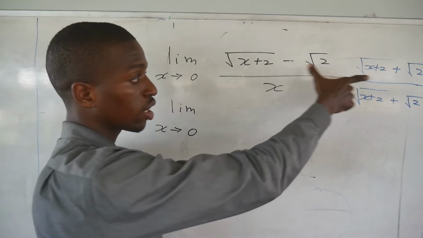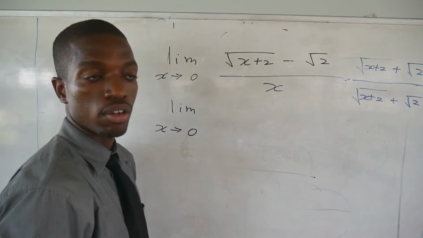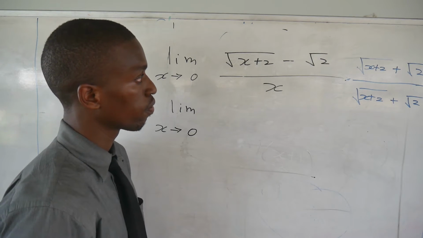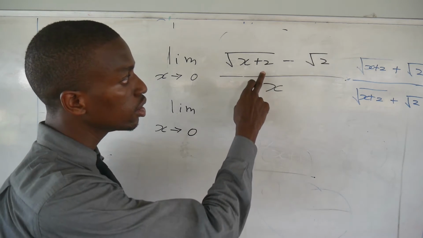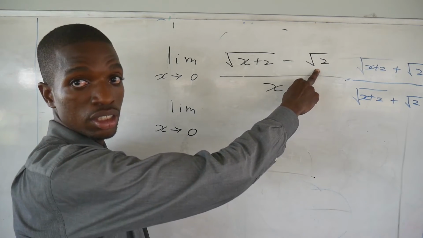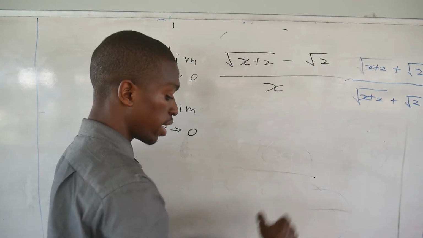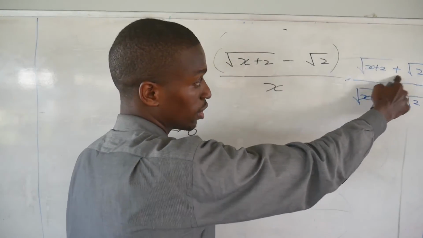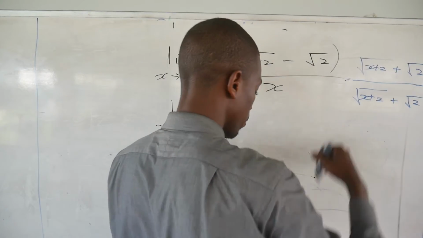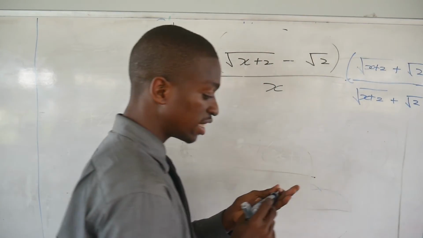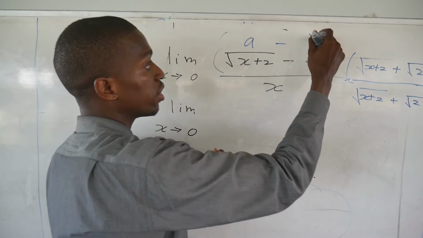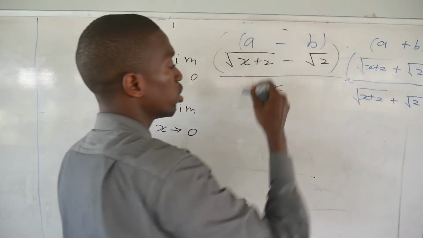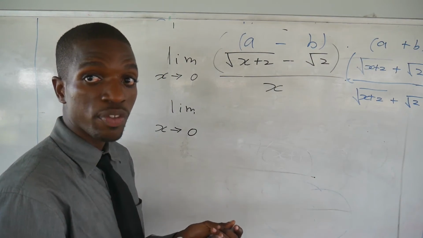This looks like the expanded form of the difference of squares. It does, because I see something minus something else multiplied by the same thing plus the same thing, right? So this is in the form a minus b multiplied by a plus b, which is the expanded form of difference of squares.